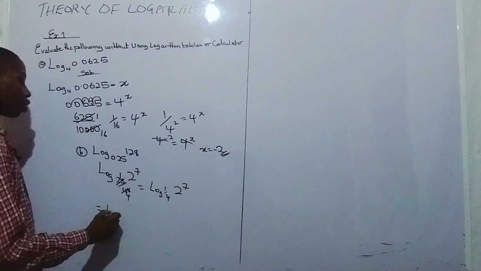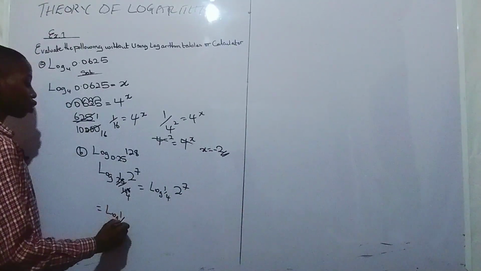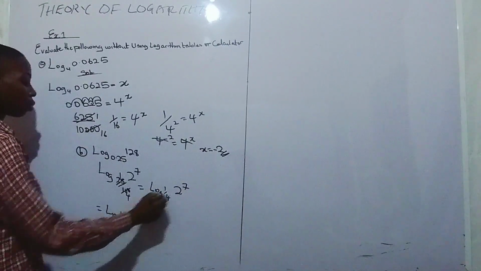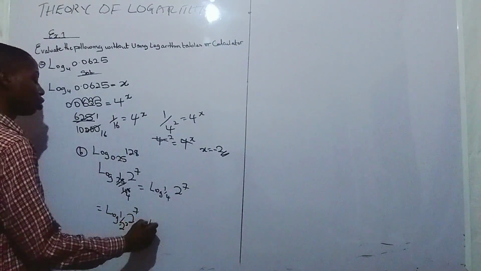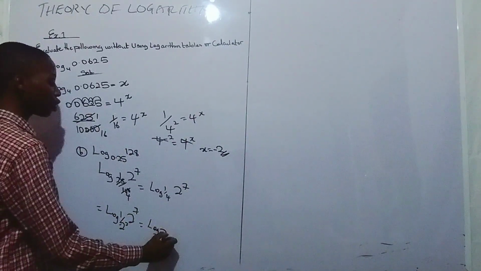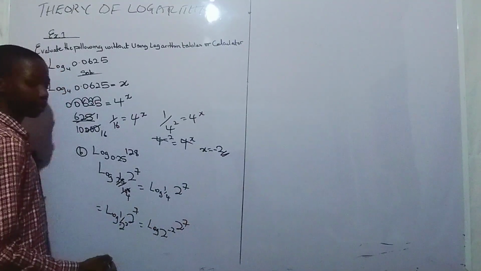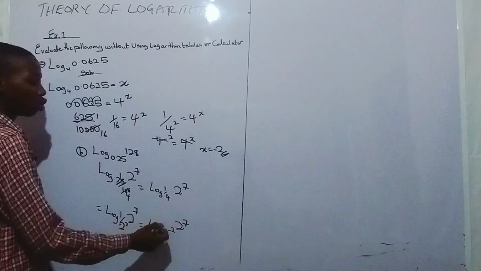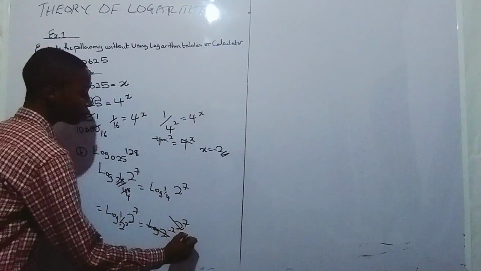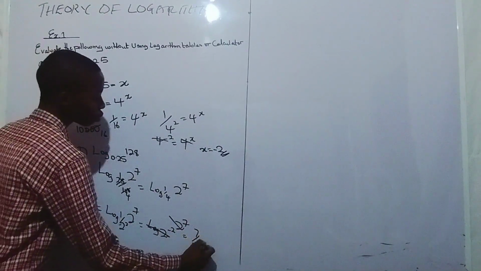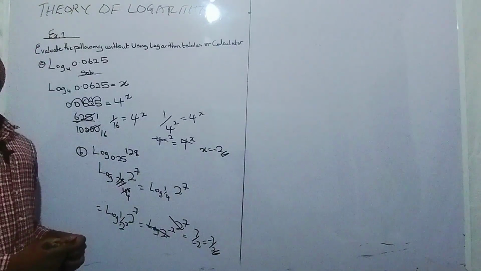So 1 over 4 is 1 over 2 raised to power 2, base 2 raised to power 7. So that's log of 2 raised to power minus 2, which is 1 over 2 raised to power 2, base 2 raised to power 7. This is log 2 base 2. It cancels each other. Then we are left with 7 over minus 2, which is minus 7 over 2. That is the final answer.